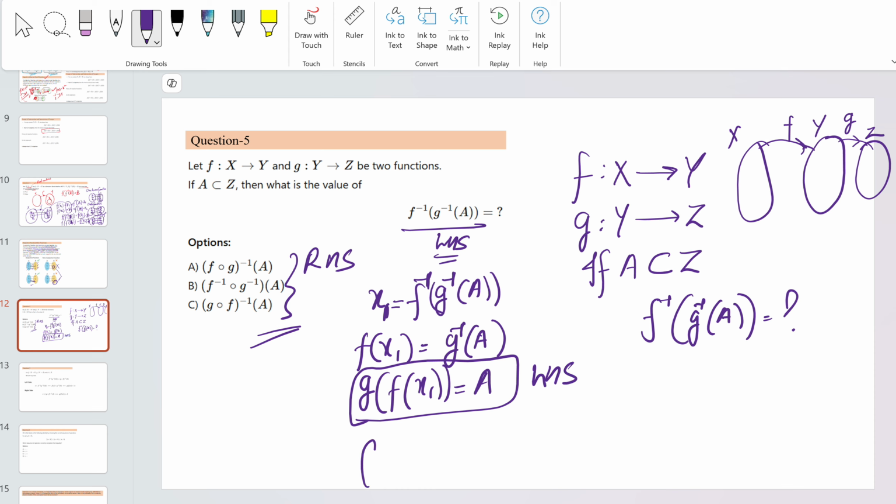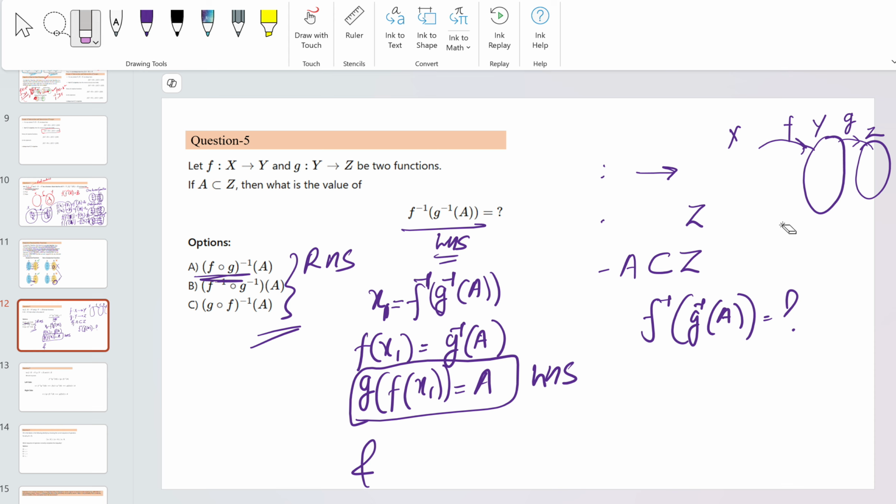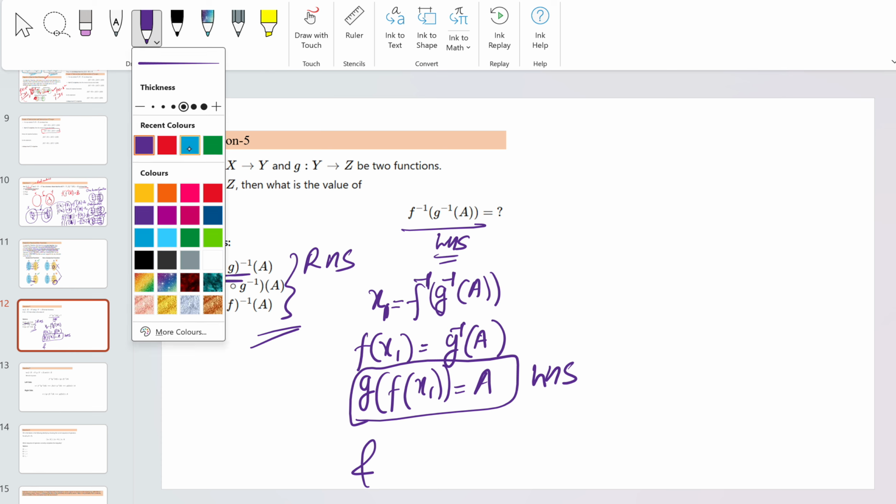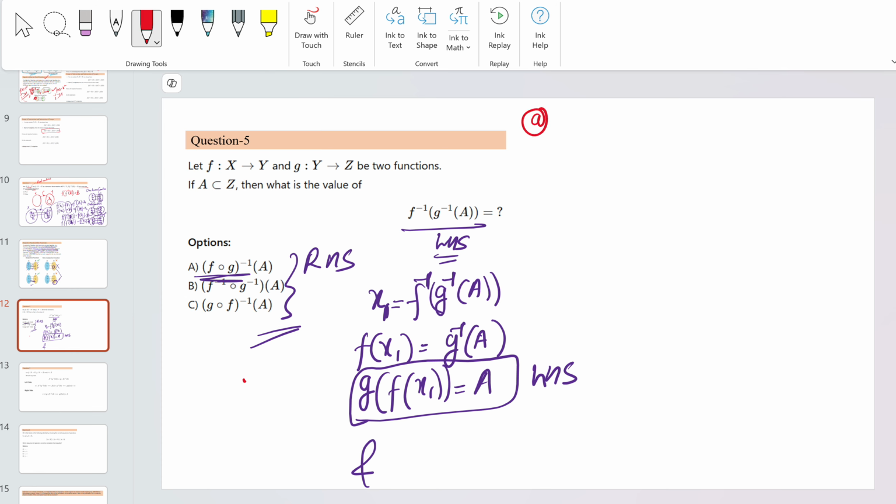And let's take the elements like this. Suppose I am considering the first option, let me remove this. Suppose I'm taking option A. Option A says f of g inverse is equal to a.